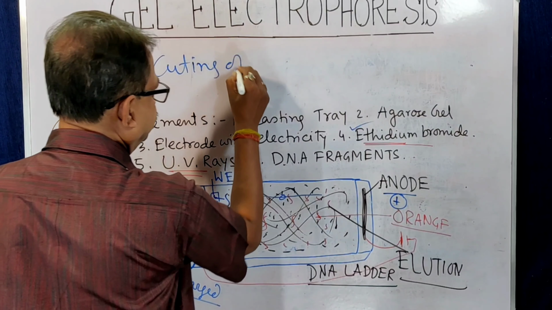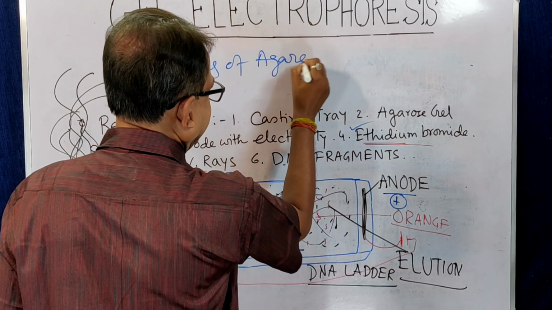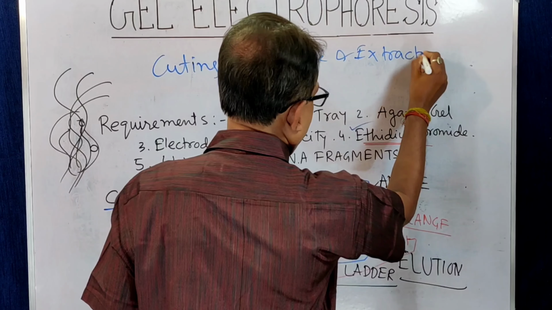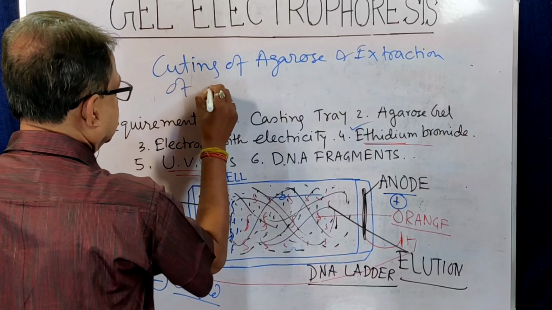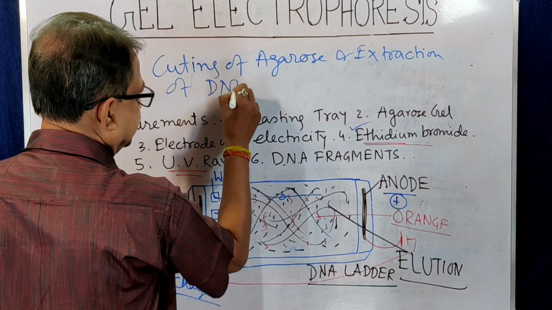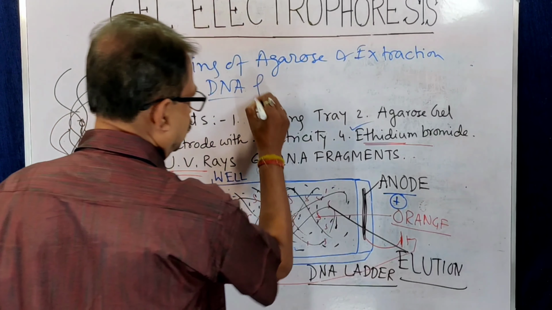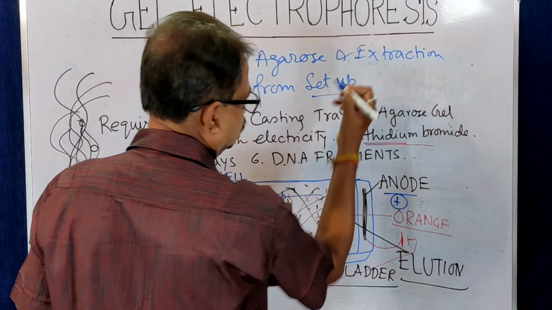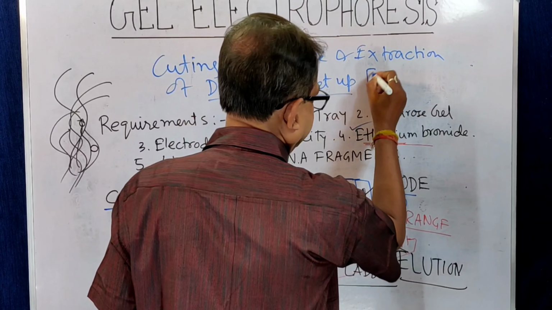Cutting of the agarose and extraction of DNA from the gel electrophoresis setup is called elution.